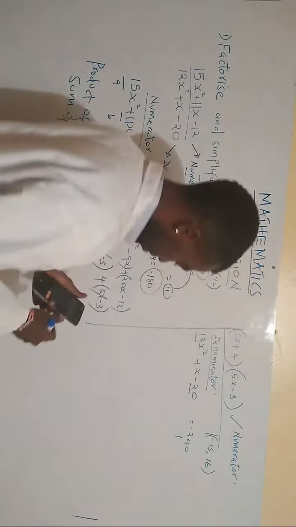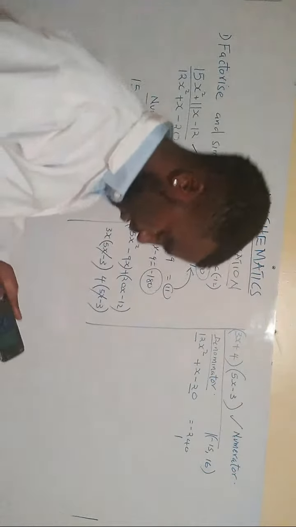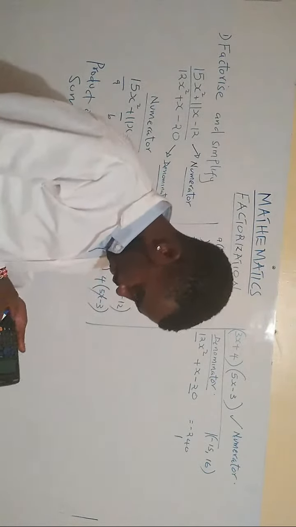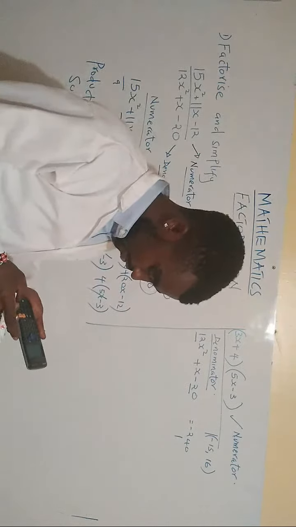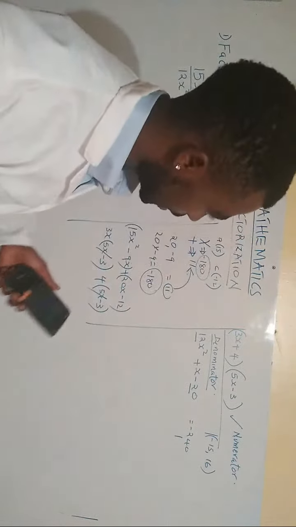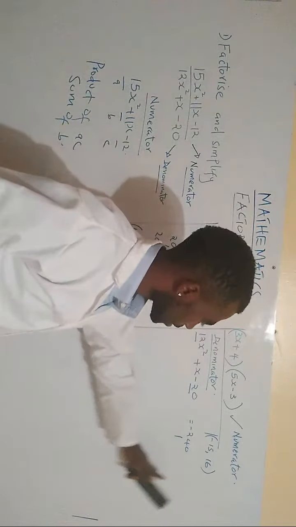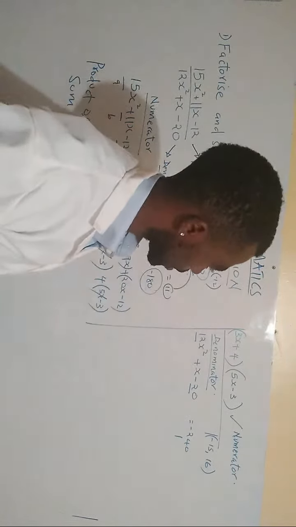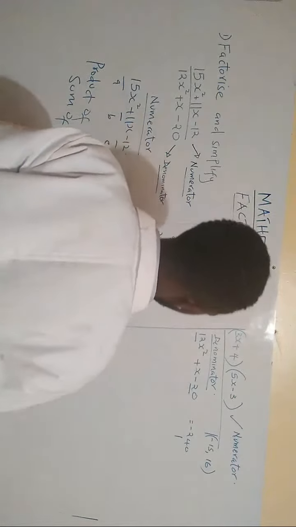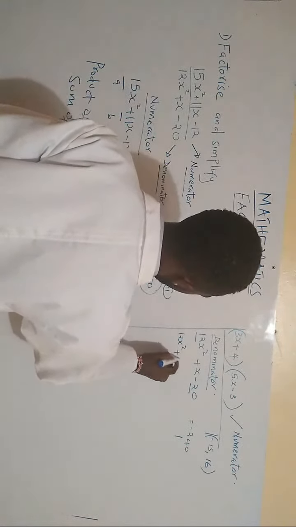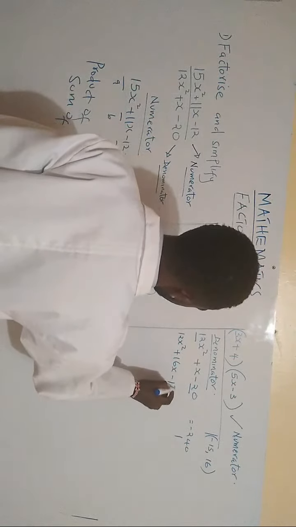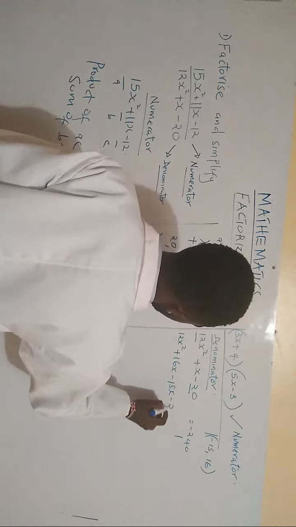Let's multiply the two numbers and see if we get negative 240. Negative 15 multiplied by 16 is negative 240, and negative 15 plus 16 is simply 1, which is what we have here. So we can write this as 12x squared plus 16x minus 15x minus 20.